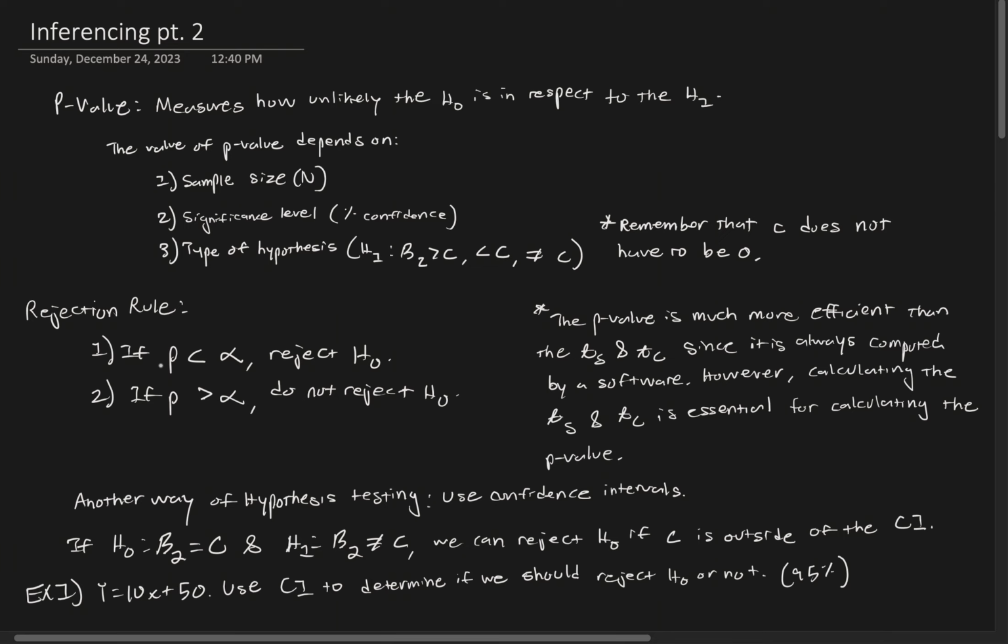Alright, so what the p-value essentially does is it measures how unlikely the null hypothesis is to be true with respect to the alternative.